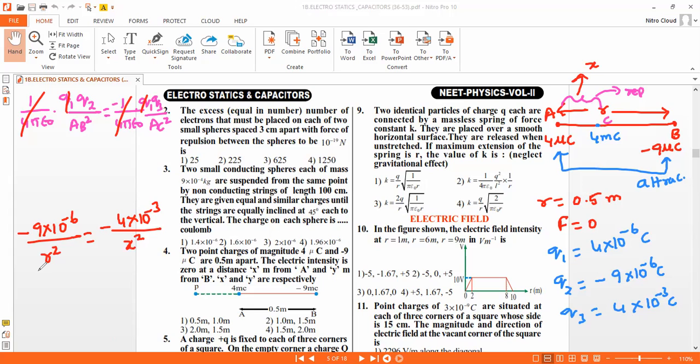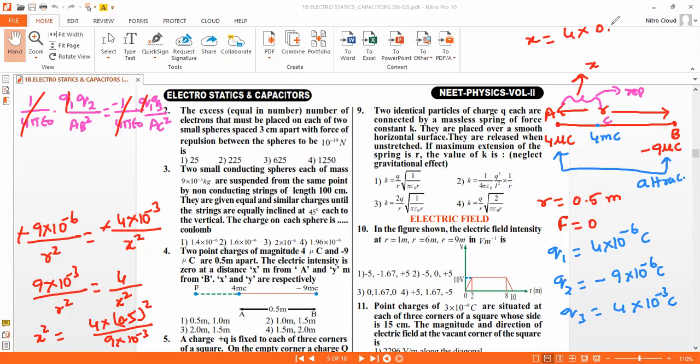So upon calculation, we'll get 9 into 10 power minus 3 by R square is equal to 4 by x square. I know the value of R, that is 0.5 meter. So x square is equal to 4 into 0.5 whole square upon 9 into 10 power minus 3. Find the value of x. 4 into 0.25 by 9 into 10 power minus 3.